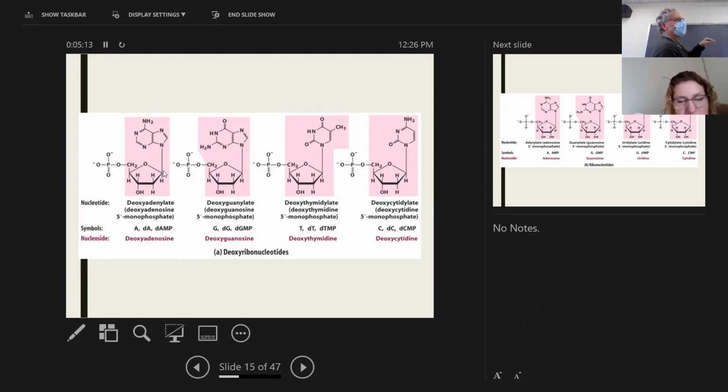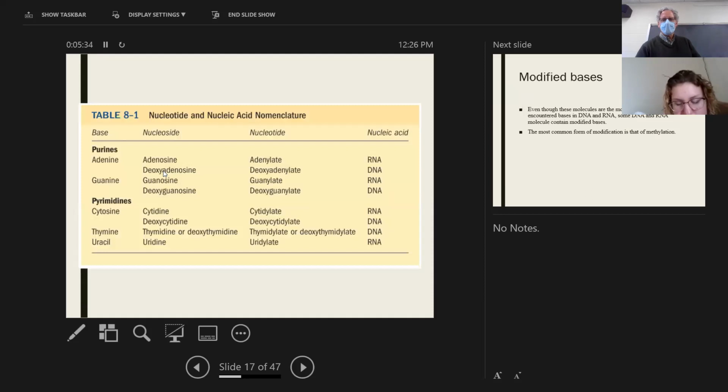And with the phosphate, it's deoxythymidylate. And then up there, cytosine. With the deoxy sugar, it's deoxycytidine. But with the phosphate, it's deoxycytidylate. All right, so be able to name those on sight.